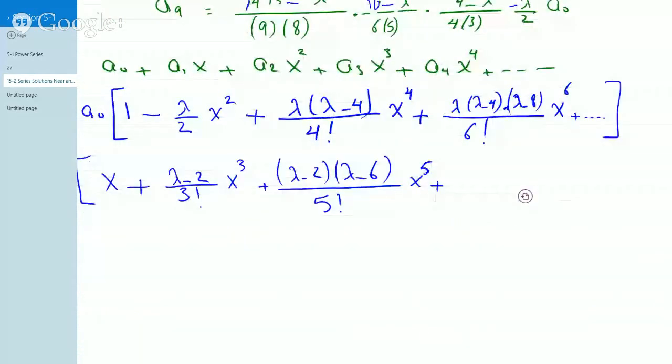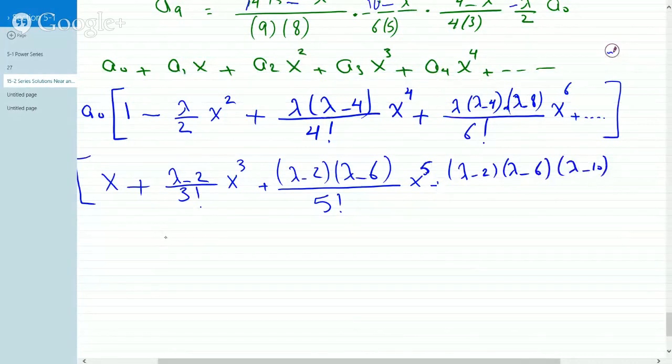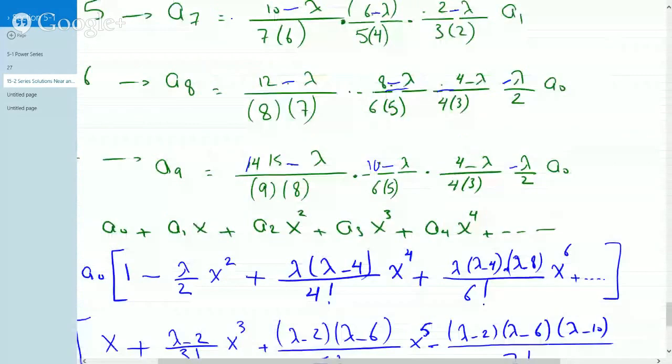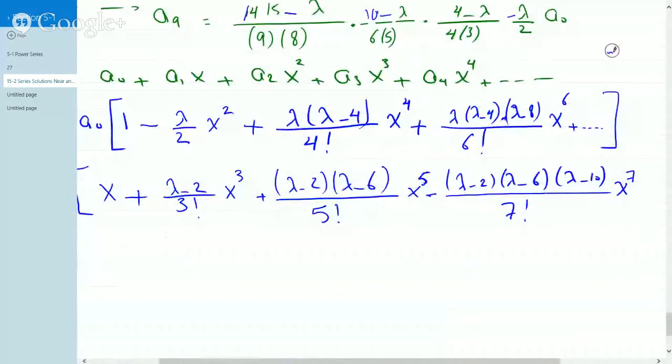So plus lambda minus 2 times lambda minus 6 times lambda minus 10. And there's a minus sign because we factored out a minus sign from all this. All over 7 factorial, times x to the 7. Plus dot dot dot.